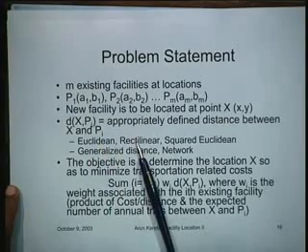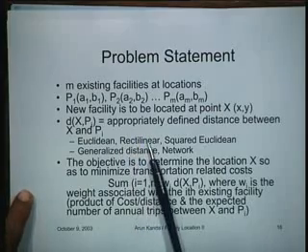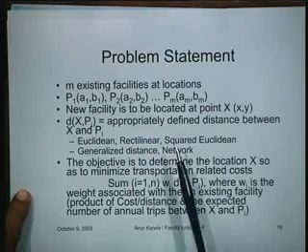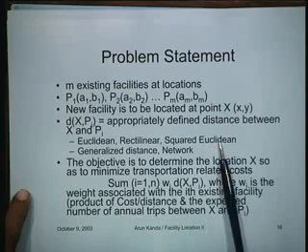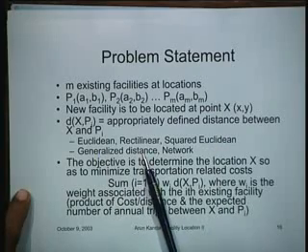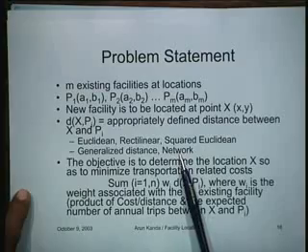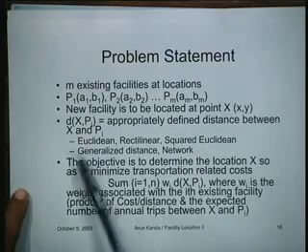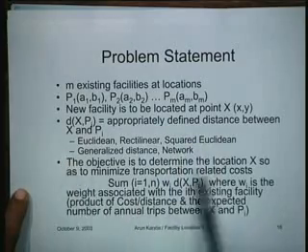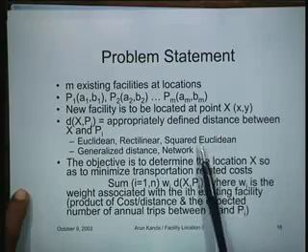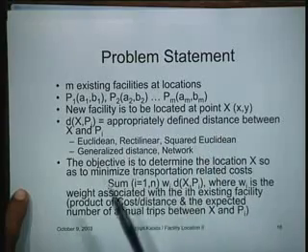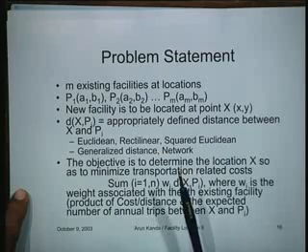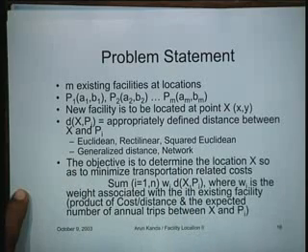It could be the rectilinear distance, which is the Manhattan distance between these 2 points. It could be the squared Euclidean distance. It could be what we call a generalized distance, or it could be a distance on a network. And in fact, this would define the variety of models which are available even for this simple problem, the single facility location problem. And what's the objective of this exercise?